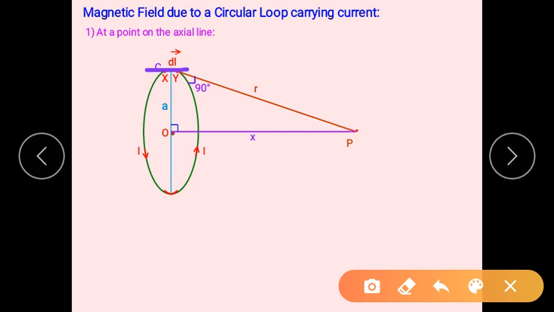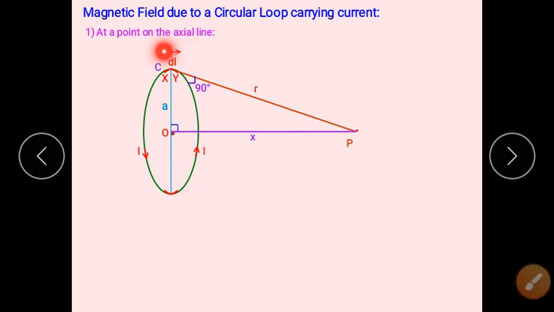The tangent may have either direction like this or the direction like this. Which direction you have to select is that you see the direction of current, and you have to select the direction of flow of current. In which direction the current is flowing here? Like this.